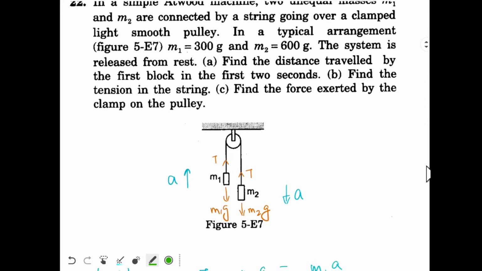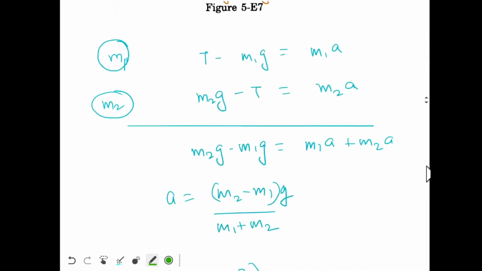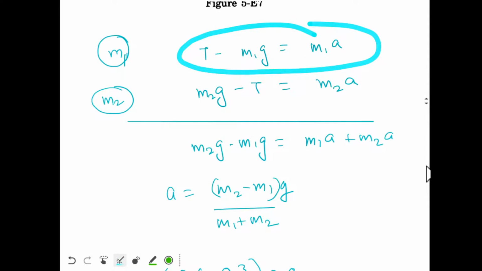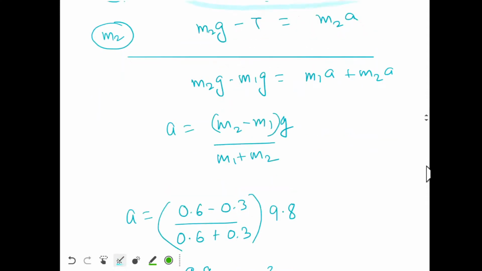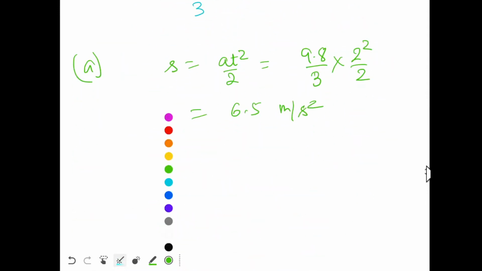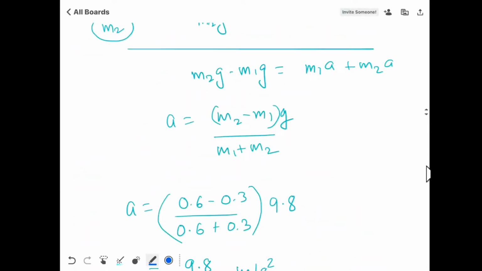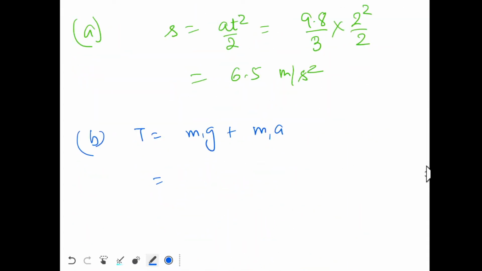Coming to part B, find the tension in the string. Okay. So tension can be found using this equation T equal to M1G plus M1A. So for the part B, T equal to M1G plus M1A. M1 is how much? 0.3 kilogram. So this is 0.3 kilogram and G plus A. G is 9.8.